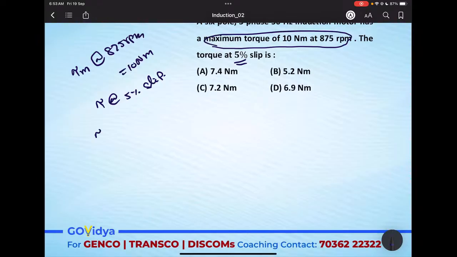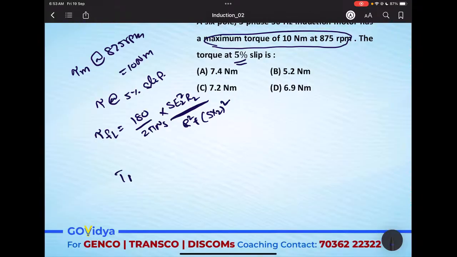Let's note down the equations. Full load torque equation can be written as 180 by 2 pi ns into S E2 square R2 divided by R2 square plus S square X2 square. Let's note down the maximum torque: 180 by 2 pi ns into E2 square divided by 2 X2.